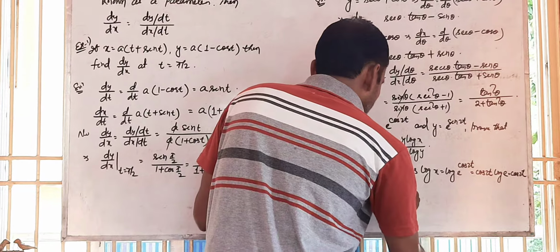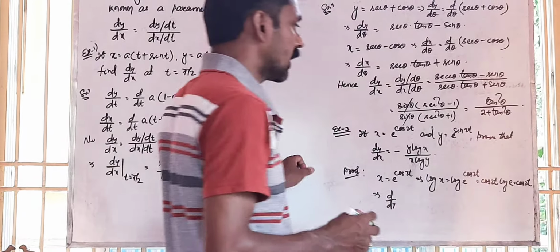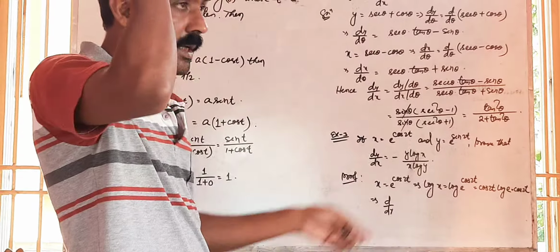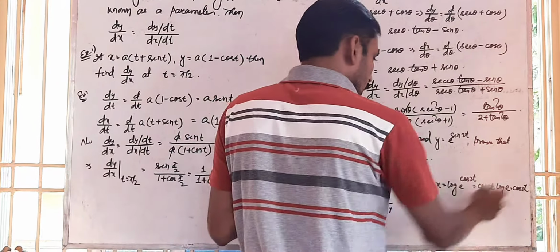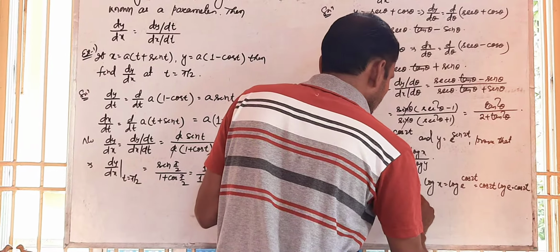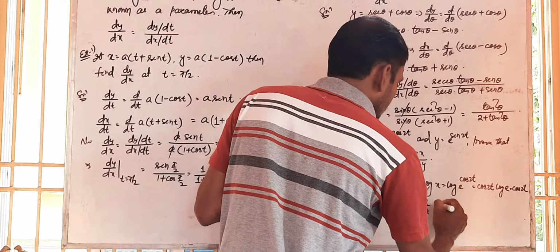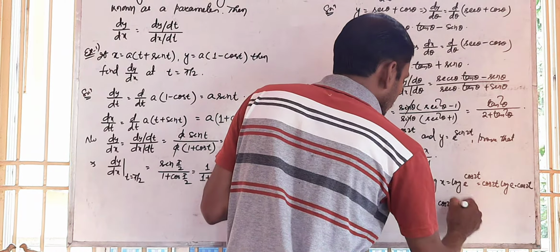Then differentiating both sides with respect to t, d by dt of log x equal to d by dt of cos 2t.